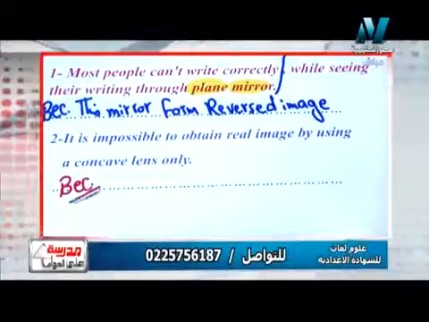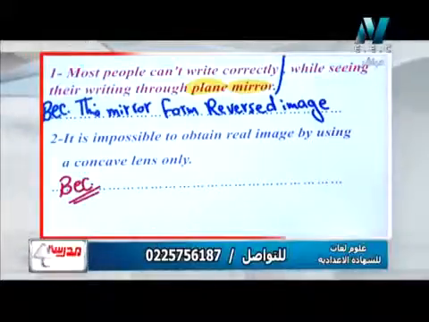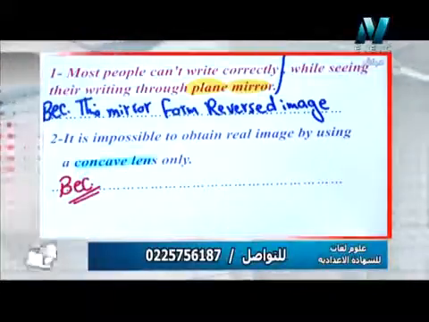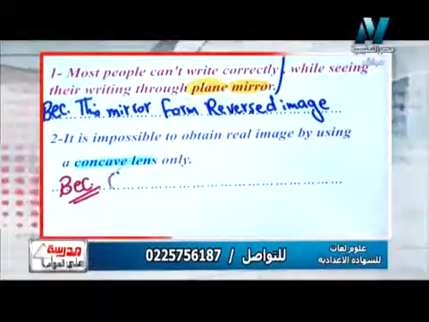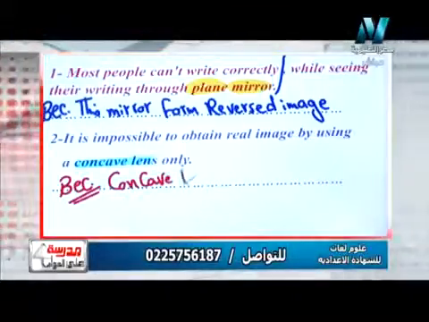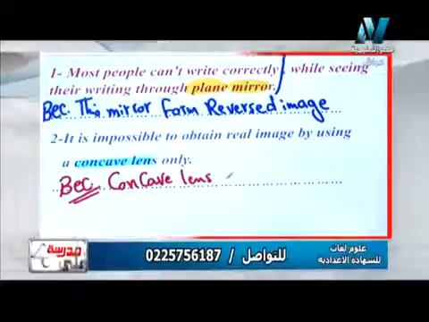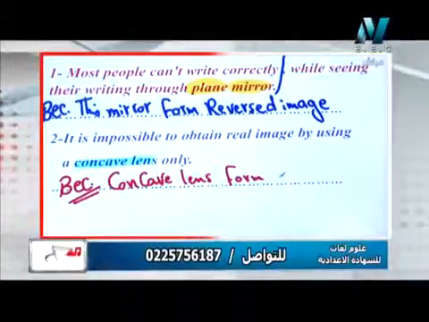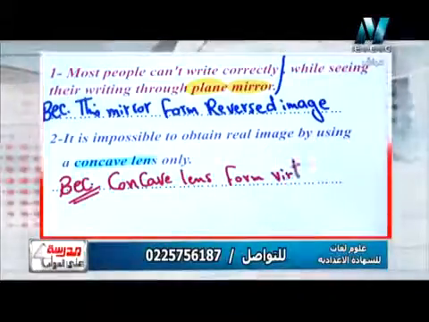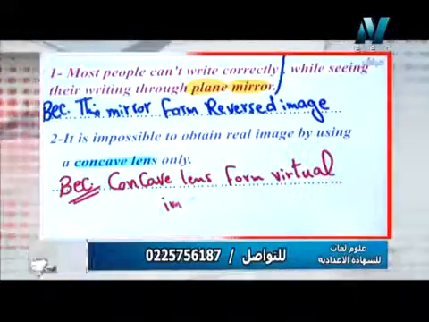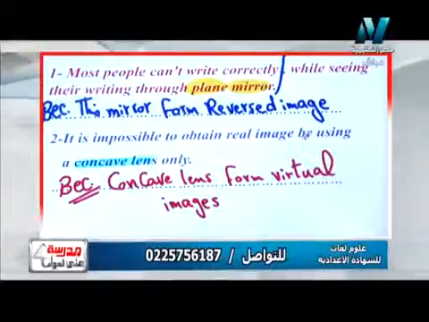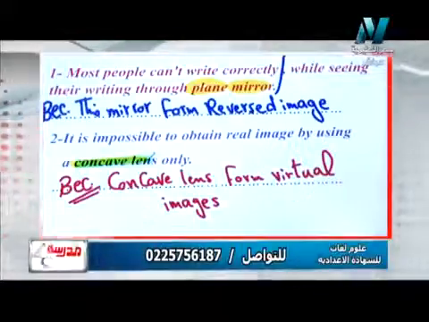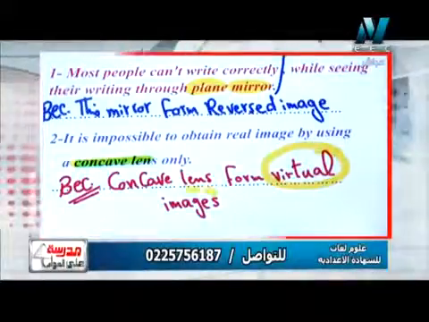A virtual image, not real. Here we talk about the concave lens because it forms virtual images, not real images.